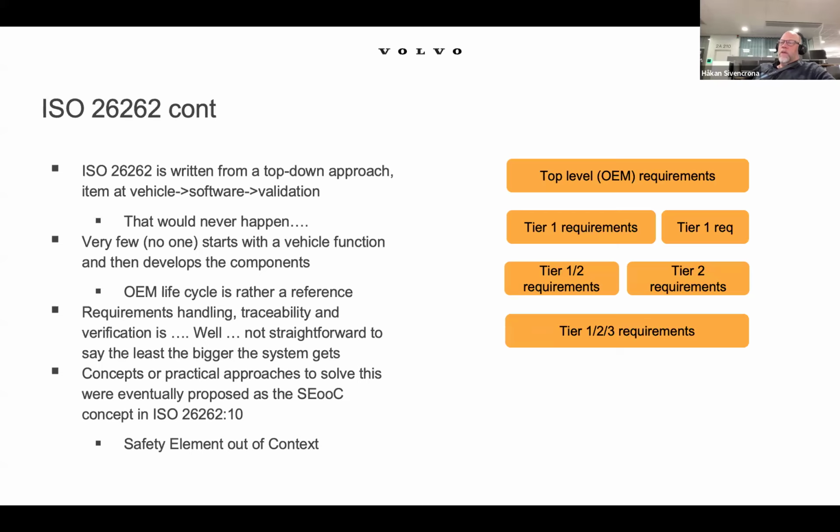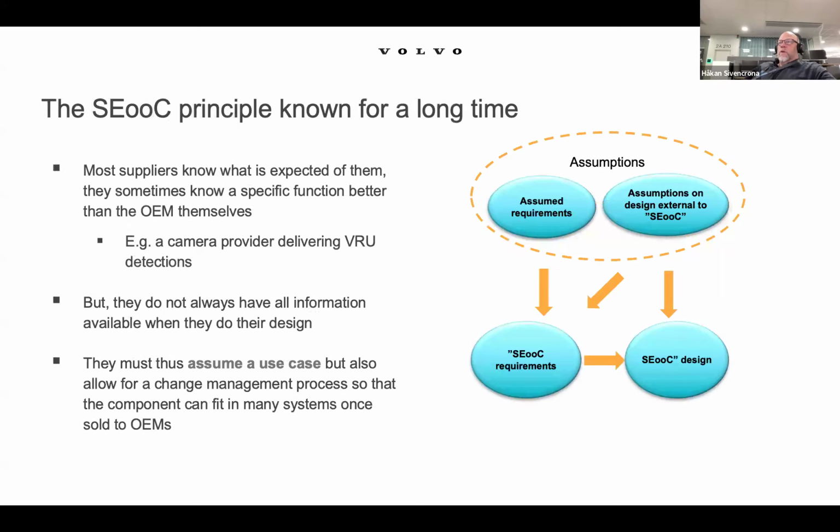And that's where we think the safety element out of context is fulfilling quite a few needs. The safety element out of context principle has been known for a long time within many areas, so that is not any novelty really, but this picture is from ISO 26262. Basically, if you are going to develop a component, you would like to say that these are the assumptions that we use in order to sell our component.